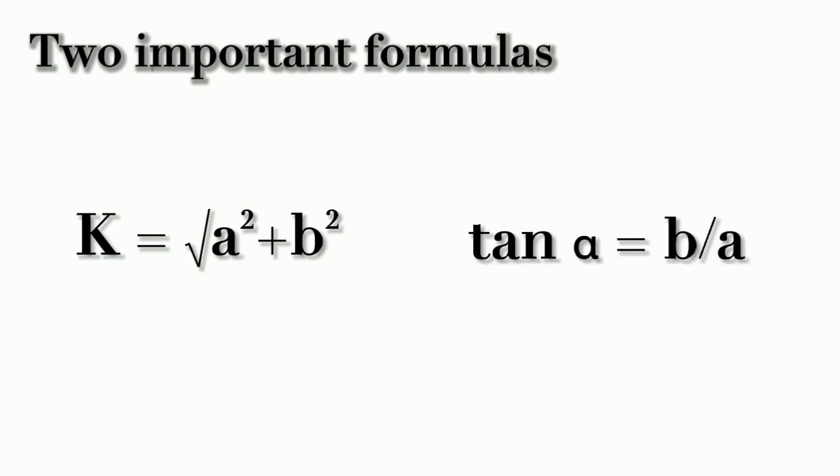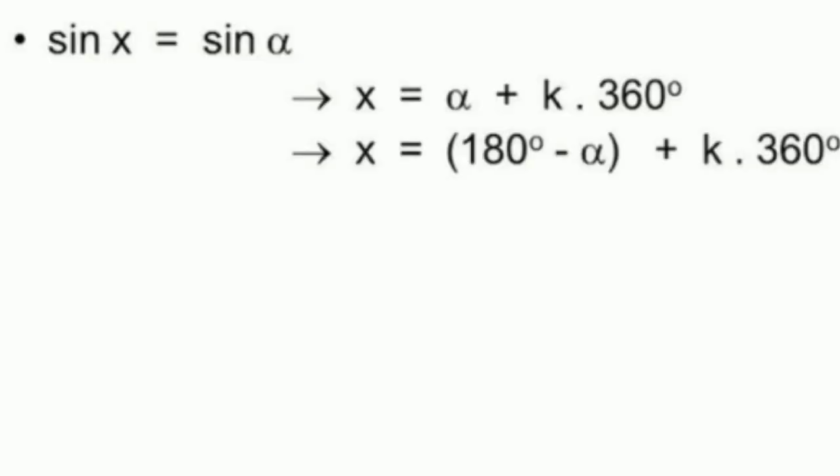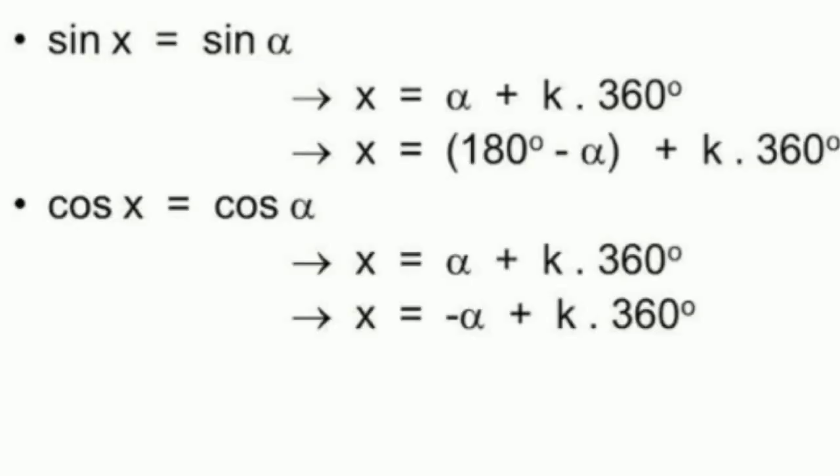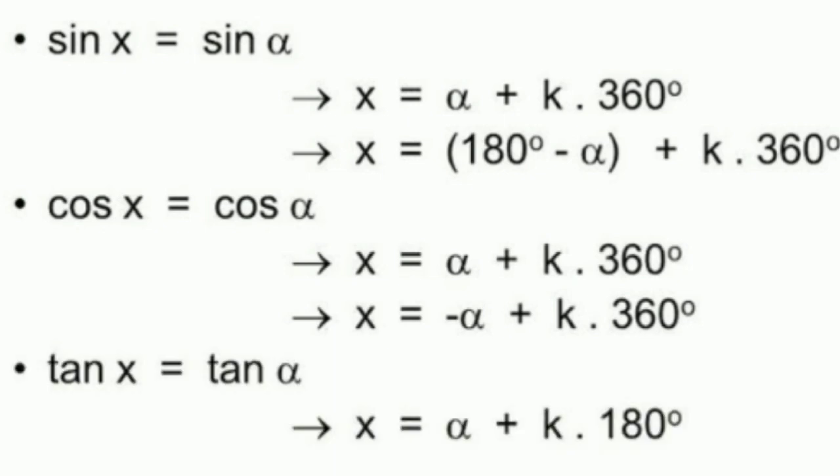There are two important formulas in it, which are the k formula and the tan alpha formula. A bit of a flashback to what we have learned before, which is this one, because we will be using that too.